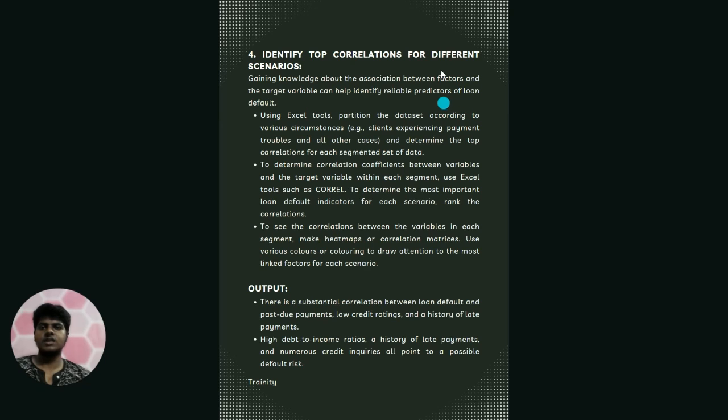Moving to the next task, that is, identify top correlation for different scenarios. Learning about the relationship between variables and the target variable may make it easier to find trustworthy predictors of loan default. Divide the dataset using the Excel tools into categories such as clients having payment issues and all other situations. Then find the best correlation for each subset of data.